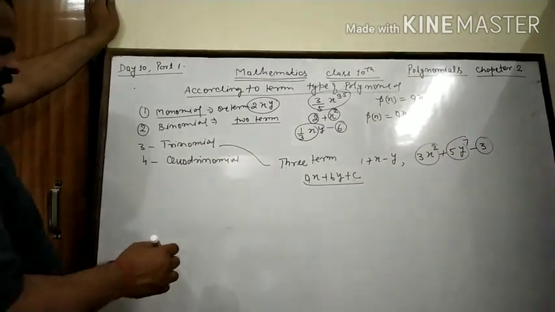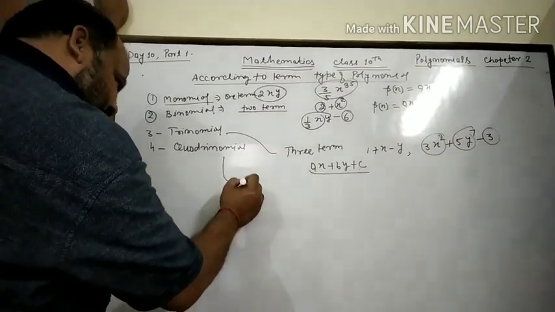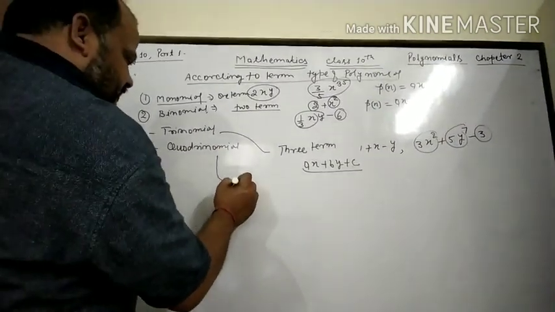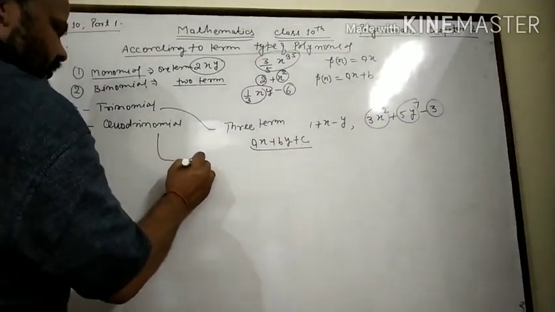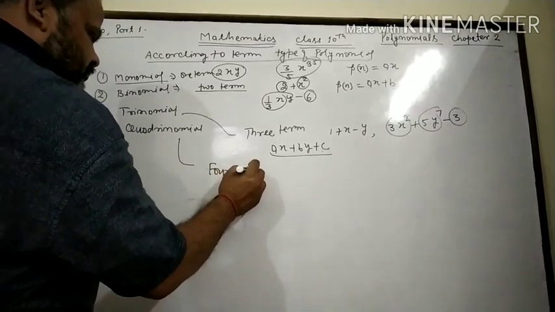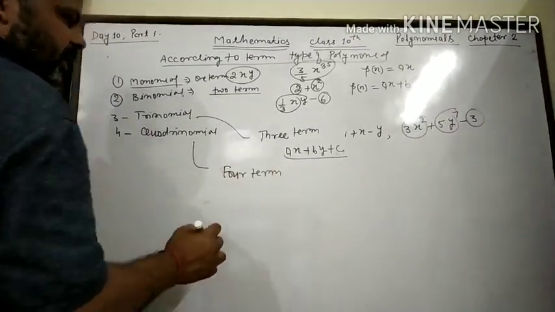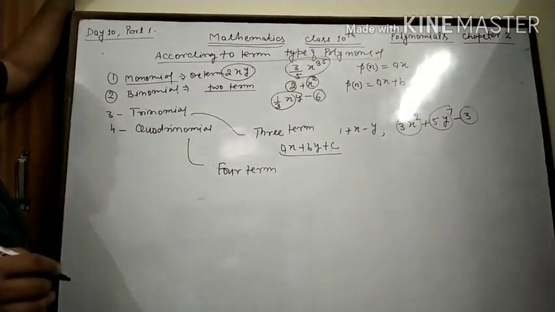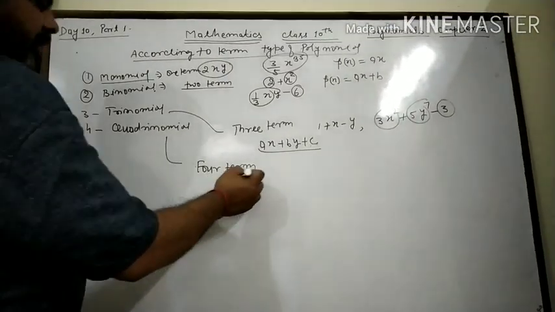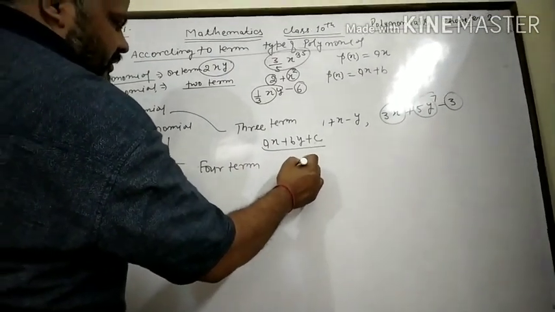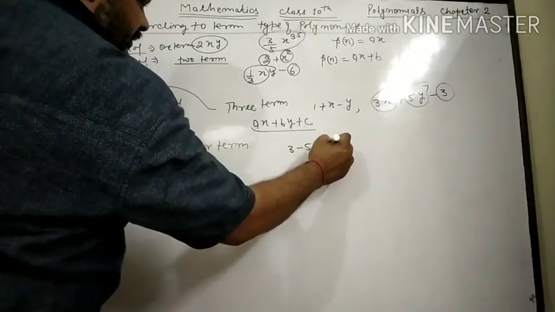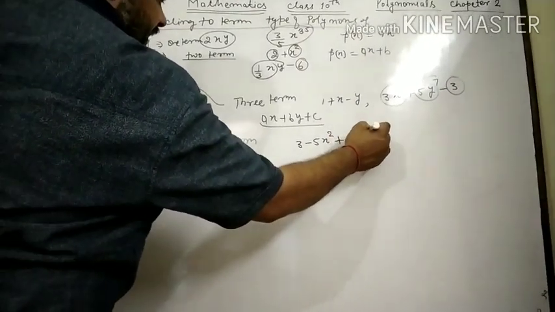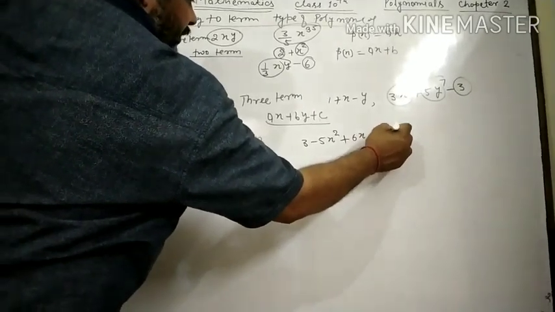In the same way, quadrinomial. Quadrinomial means a polynomial having four terms. It means 3 minus 5x square plus 6x minus 7y.